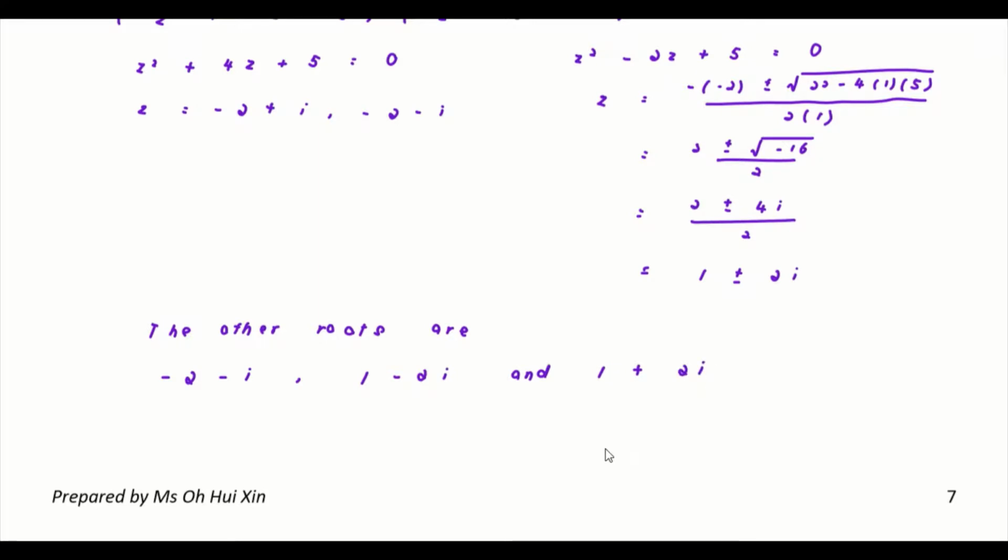So as you can see, this is an example of having all 4 complex roots. Alright, so let's move on to the next part, which is the square root of the complex number.